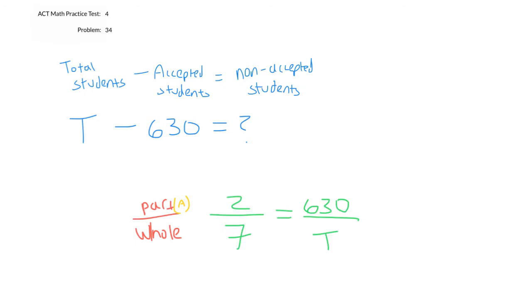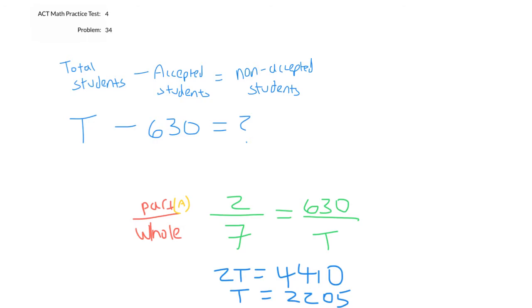Cross multiplication would give us 2T equals 7 times 630, which is 4410. And then dividing both sides by 2 would give us 2205. So T equals 2,205.